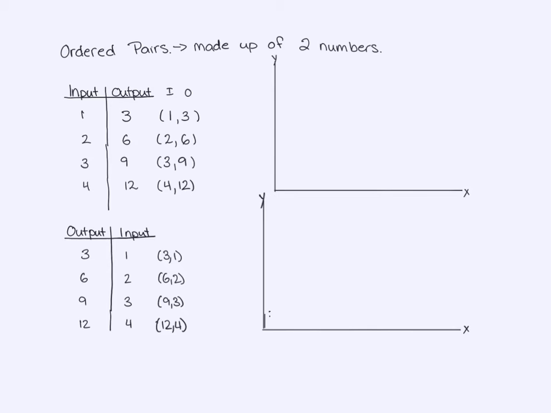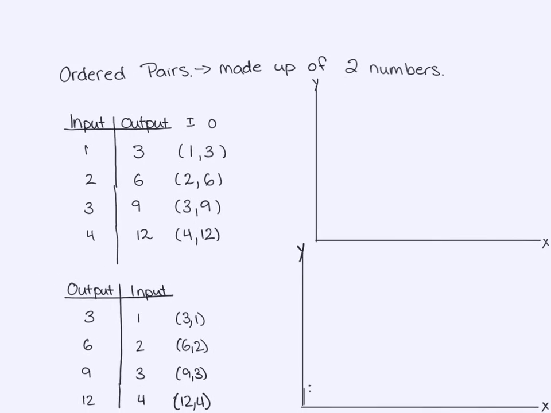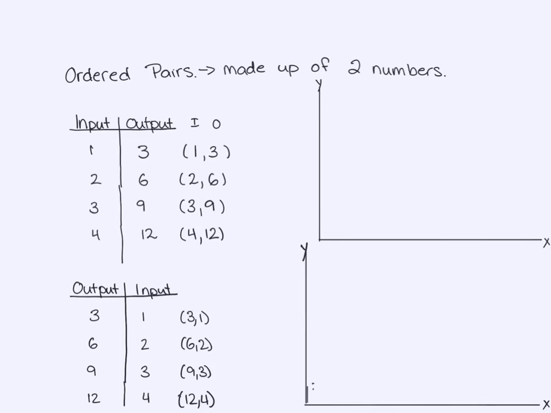So if I were to start graphing, our x value always comes first and our y comes second. So if I were to look at this first graph, if I had an ordered pair of 1 and 3, I would go to 1 on the x-axis and 3 on the y-axis. So this would be my first point. And then I would go 2 and 6, and 3 and 9, 4 and 12.